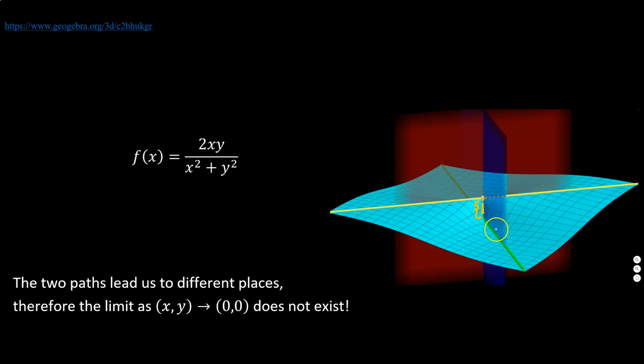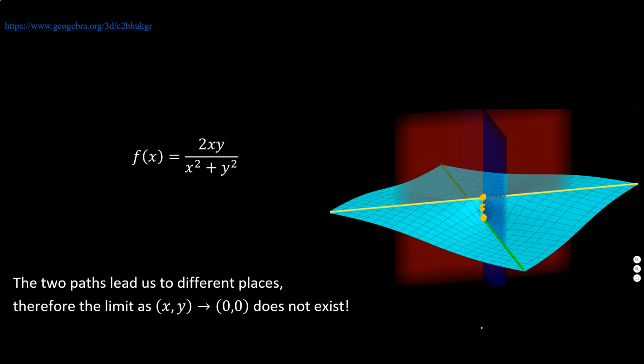The green path is taking us to some point down here. The yellow path is taking us to some point up here. That is not an infinitely small distance between the 2 points. So because there's space between these 2 points, we know the limit does not exist.